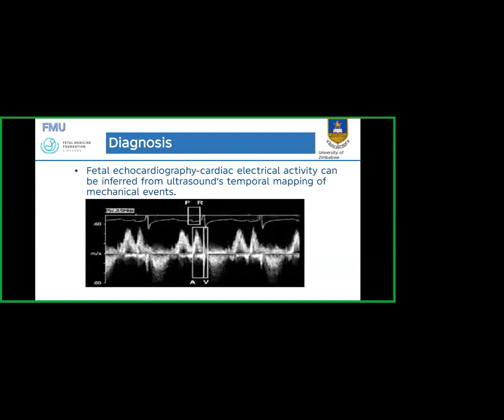To diagnose fetal arrhythmias, we do a fetal ultrasound scan, where fetal echocardiography is done. Cardiac electrical activity can then be inferred from ultrasound, temporal mapping of mechanical events. It's difficult to do an ECG in a fetus because of the interference in electrical activity between the mother's and the fetal heart.